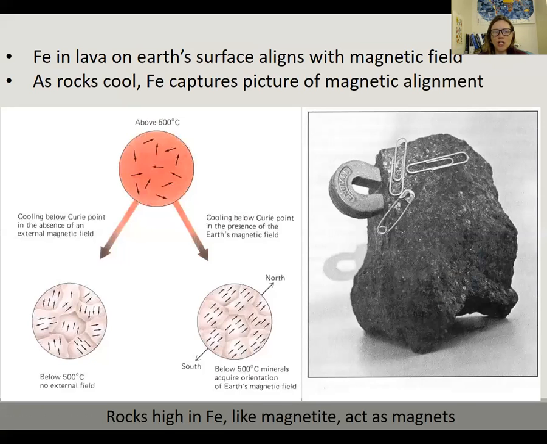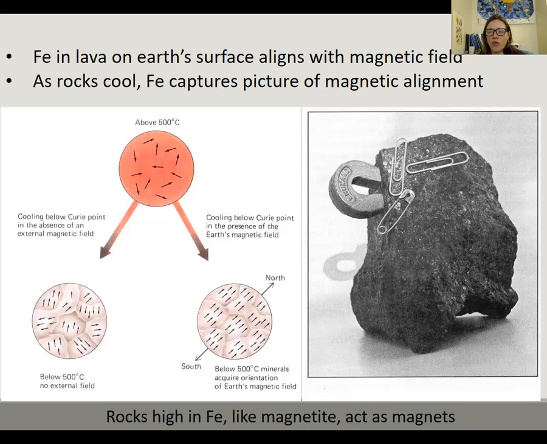And we also mentioned that when a fluid version of a rock, like a magma or lava, cools down, as it drops below the temperature of 500 degrees Celsius, it will start to line up with the Earth's magnetic field. And this is why different rocks have magnetic powers. That's what magnets are, these magnetized metal pieces or geologic pieces.